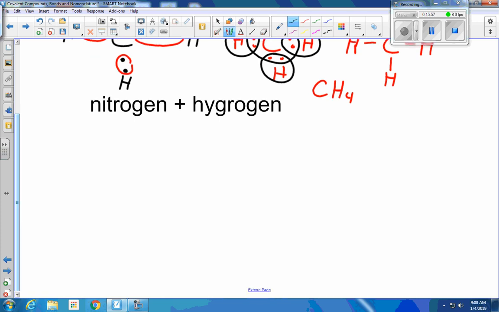Alright, now, let's try the next one here, nitrogen. Nitrogen has 5 valence electrons. Looks like this. Hydrogen, of course, 1 valence electron. Now you can see an easy bond here. How am I going to fix the rest of this stuff? I need 2 more hydrogen.